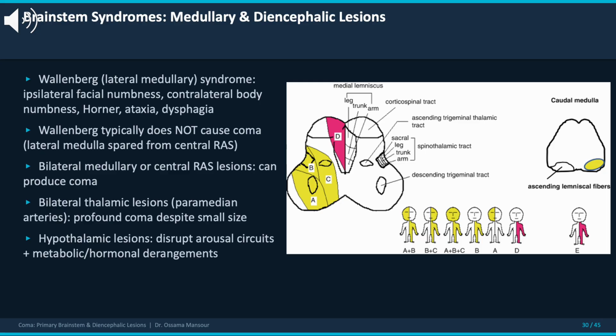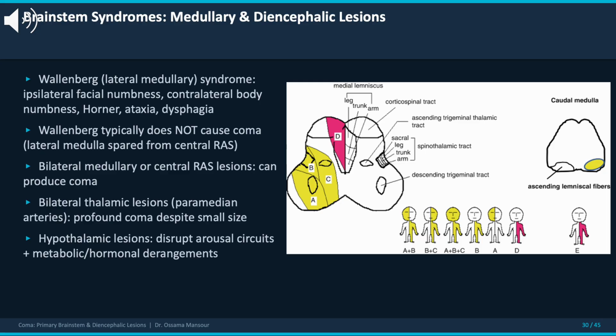Importantly, Wallenberg syndrome typically does not produce coma because it affects the lateral medulla, sparing the central reticular formation. However, bilateral medullary lesions or lesions affecting the central medullary reticular formation can produce coma or profound impairment of consciousness.